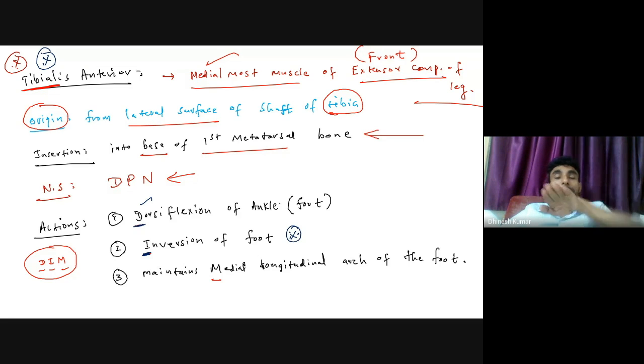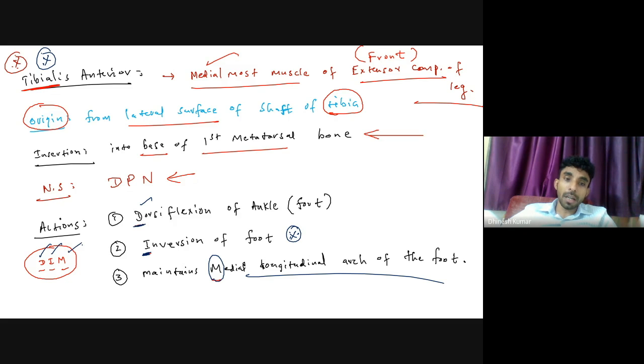If you consider this as my right foot, this is the medial movement of the sole of the foot, called inversion. And it maintains the medial longitudinal arch of the foot. So dorsiflexion, inversion, and medial longitudinal arch maintenance are the three actions of tibialis anterior.